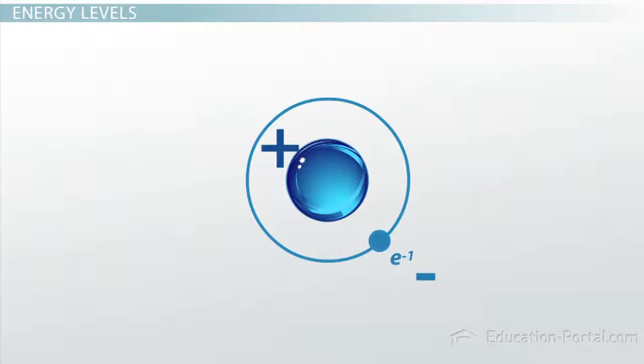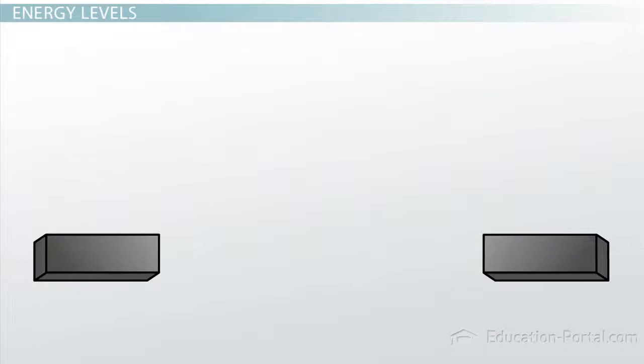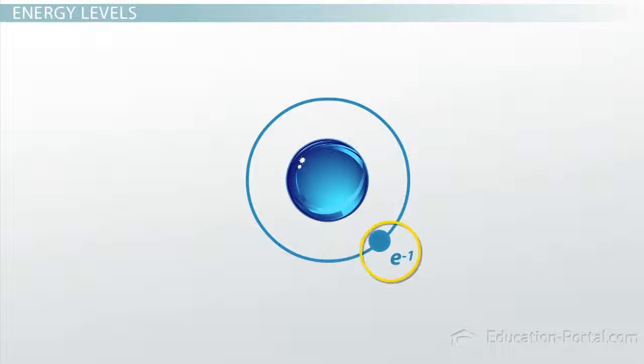So negative and positive things attract each other, right? If I had two powerful magnets here, and one end has a positive charge and one end has a negative charge, they're going to want to move together. Now, the fact that it's orbiting out here outside of the nucleus, away from the positive charge, means that it's moved farther away than that charge would probably prefer to be.